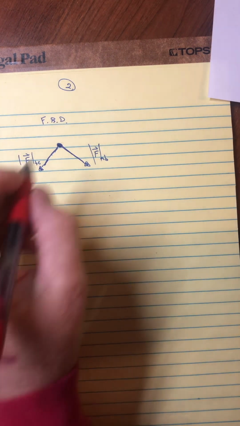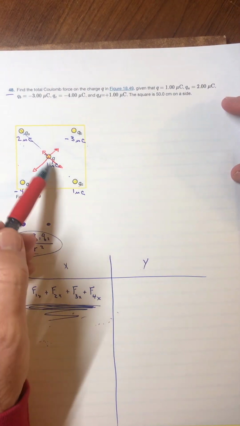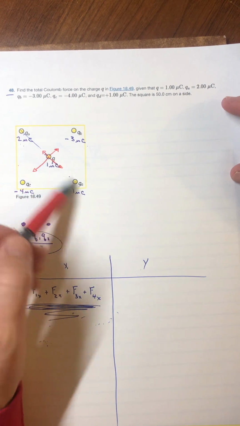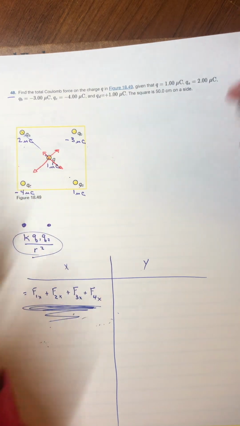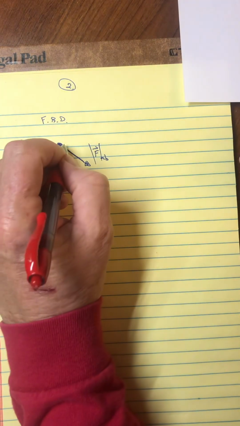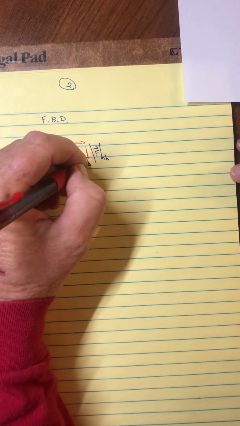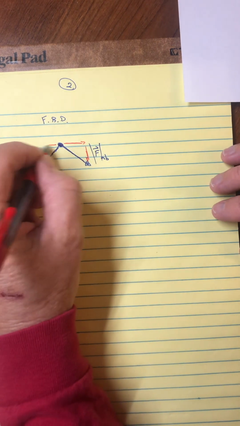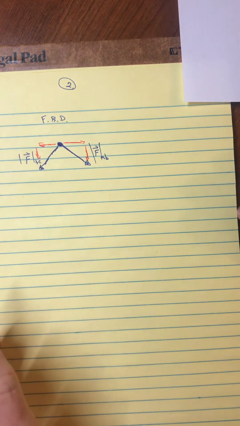I'm hoping you can see that since they're the same magnitude and they're the same angle, I guess I don't know if I said much about the angle, but it would be down at 45 degrees, and this would be down at 45 degrees. They're along the diagonal of the square. This would be going to the right and down, and this would be going to the left and down.